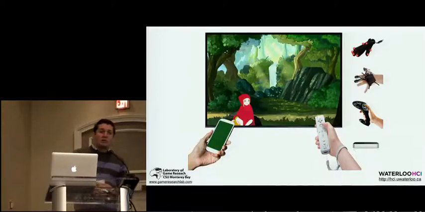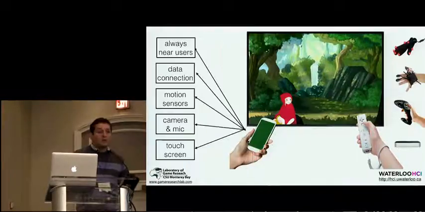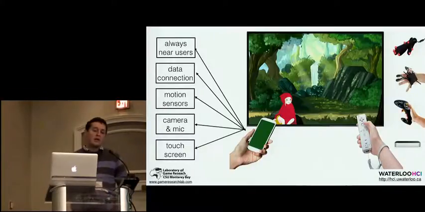But what we did already in our previous research was to show that a mobile device can actually act as a very efficient 3D interaction device because it has all the characteristics which are necessary to turn it into a 3D interaction device. It is always close to the user, it has a data connection, it has motion sensors, camera, mic and touchscreen.